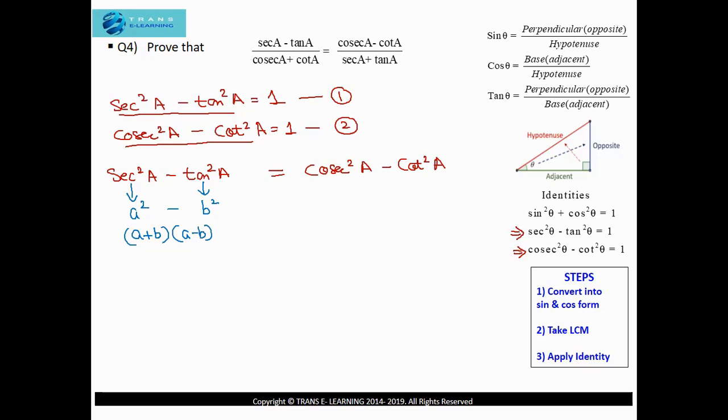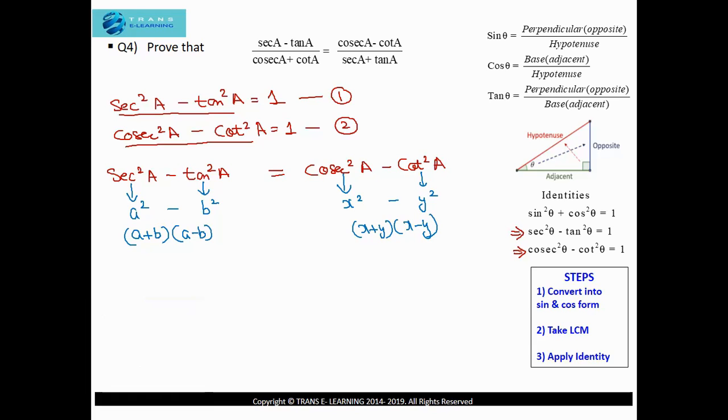Similarly, on the right hand side, if I consider cosecant square A as x square and cot square A as y square, again this becomes the formula of x square minus y square, so I can write it down as x plus y into x minus y.